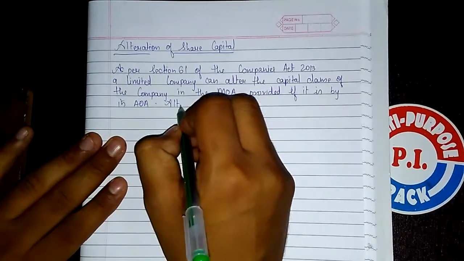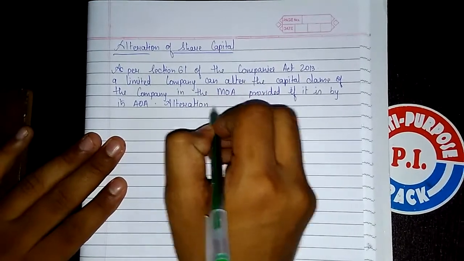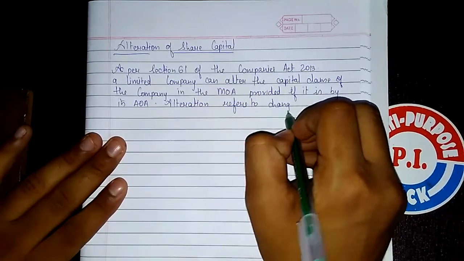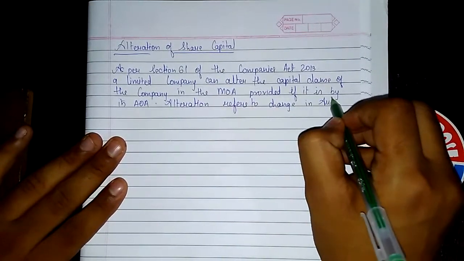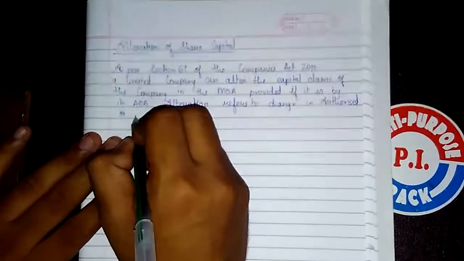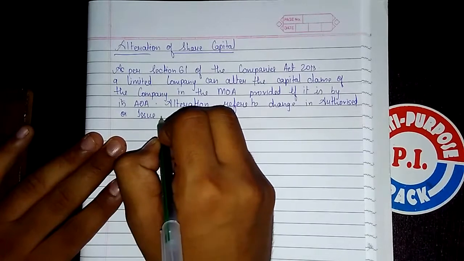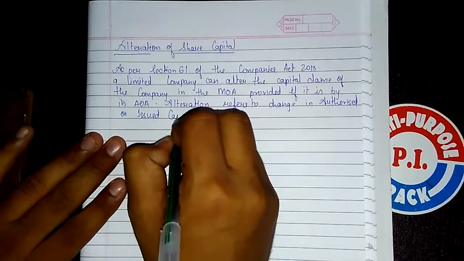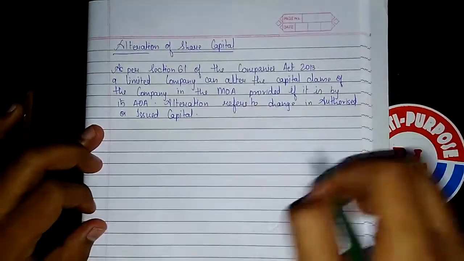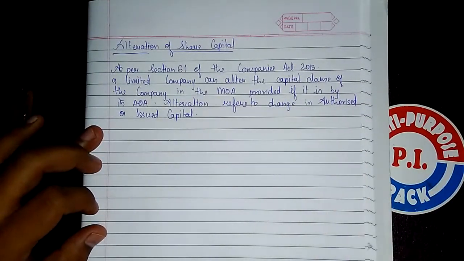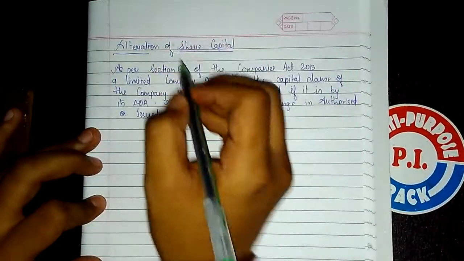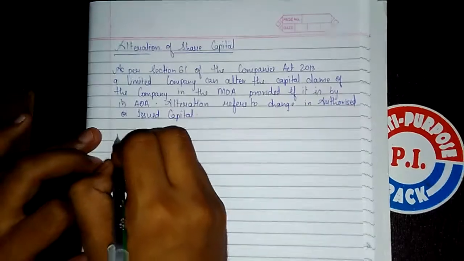Alteration refers to change in authorized or issued capital. So there are following methods, different ways in which share capital can be altered. Firstly, write which are the different ways.